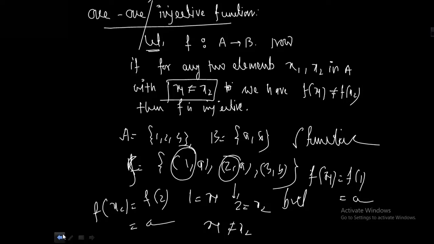Acha. Note. Number of 1-1 functions which can be defined from a set A to another set B. The number of 1-1 functions from a set A to another set B with P and Q elements, with m and n elements respectively.